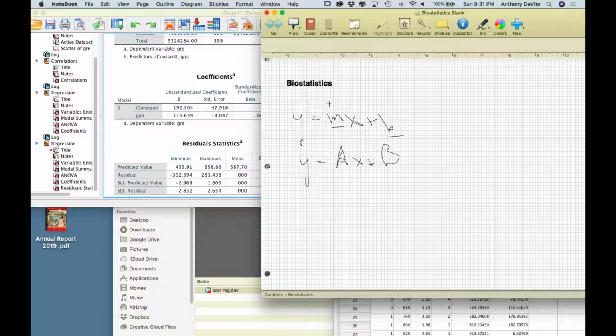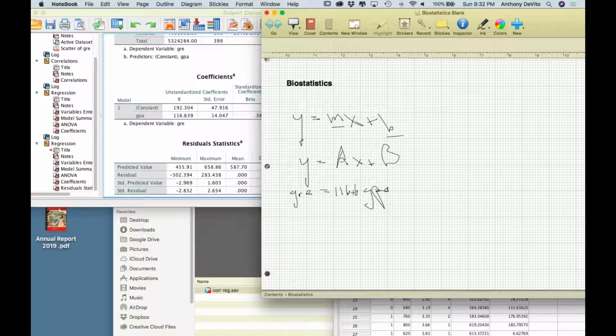It really doesn't matter whether you use that or that, because you're going to wind up with the same formula. In reality, what we want here is: y, the GRE score, equals a, and a is the slope, which is 116.6, times the grade point average.